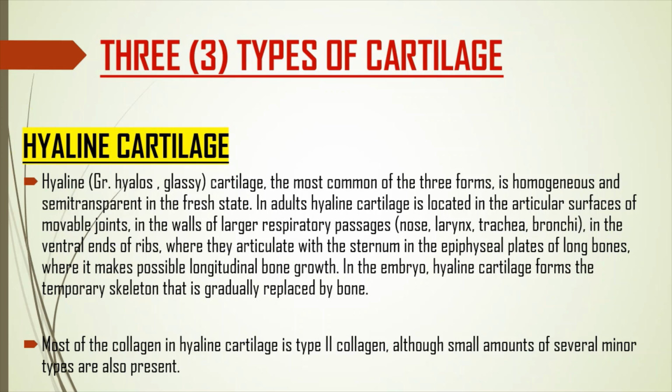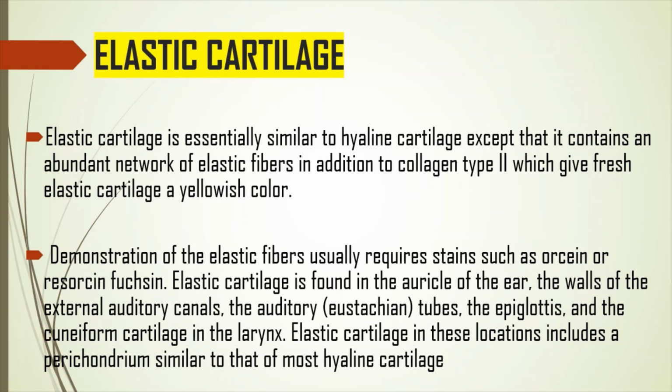So when babies are born, most of the makeup is hyaline cartilage, not bone, but this cartilage is replaced by bone through a process that we call endochondral ossification. Most collagen in hyaline cartilage is type 2 collagen, although small amounts of several minor types are also present. What must be known is that the most abundant collagen in hyaline cartilage is type 2 collagen.